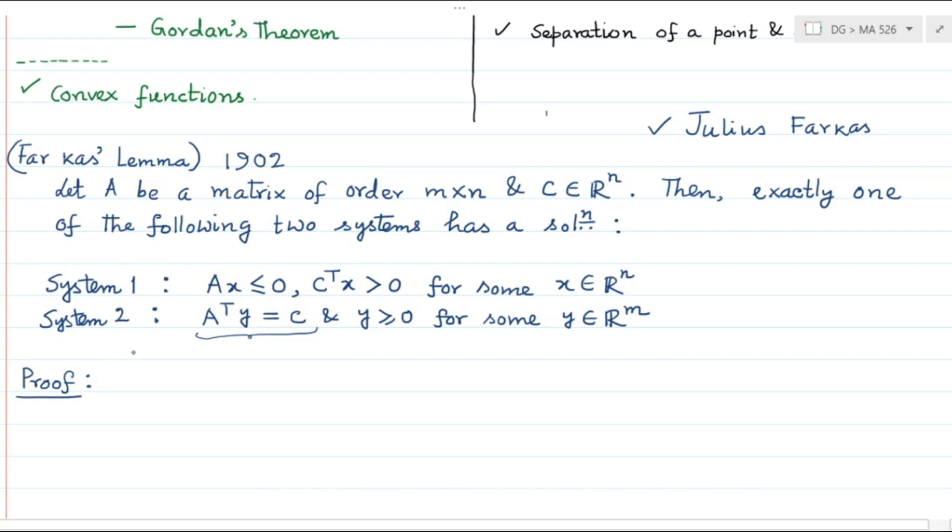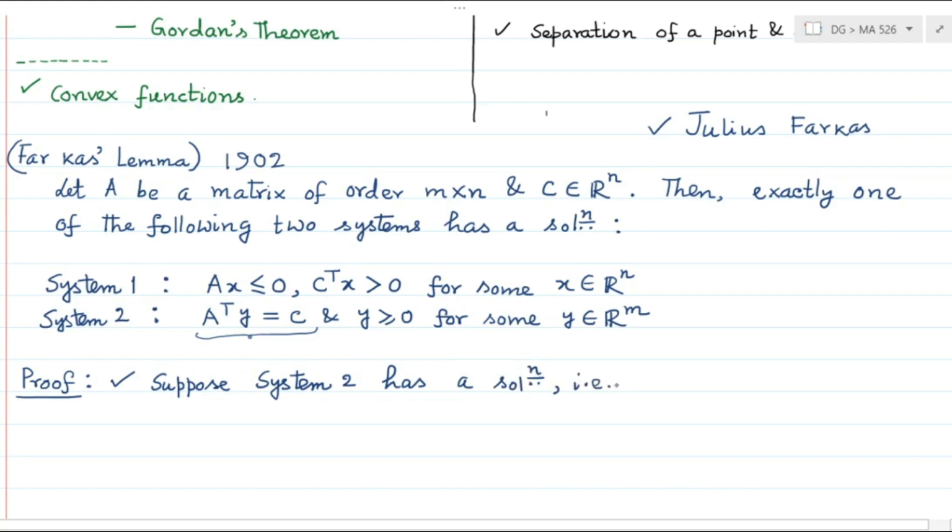The proof will go in the following manner. At first, let's suppose system 2 has a solution, and then we will prove that system 1 does not have a solution. Later we will consider that system 2 has no solution, and we will prove that system 1 must have a solution. So at first, let us consider that system 2 has a solution.